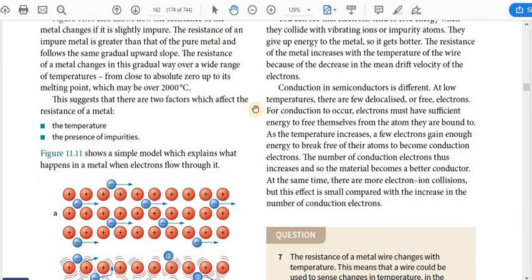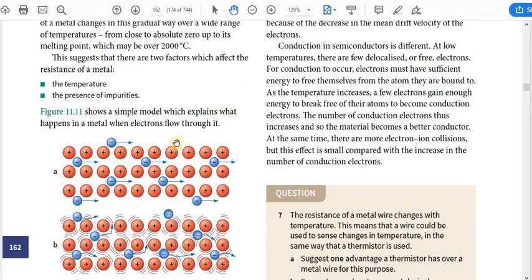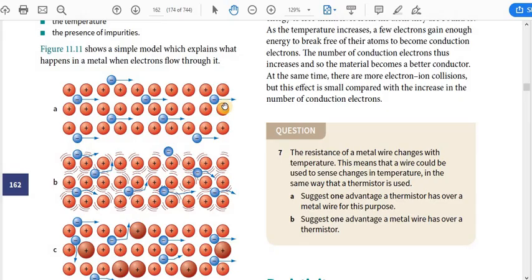You know, temperature is a measure of the average kinetic energy of the particles in a substance. So the higher the temperature, the higher the average kinetic energy. In other words, they vibrate faster. Now when they vibrate faster, the delocalized electrons, also called the conducting electrons, have difficulty passing through.